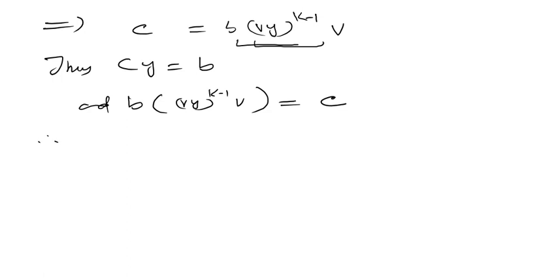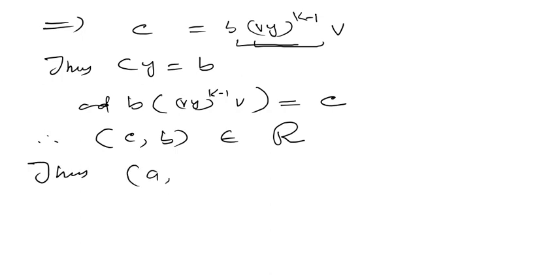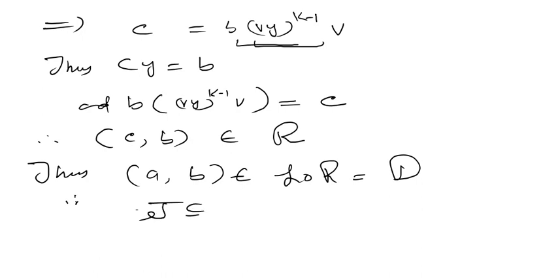So therefore c and b are all related. Thus we have ab, they are L-related, that's equal to d. So therefore our J is a subset of D, and hence this D is equal to J.